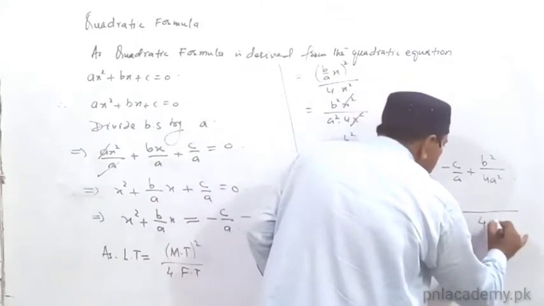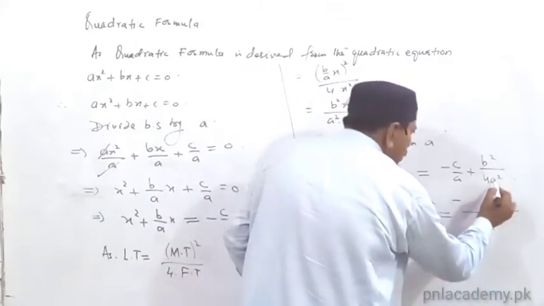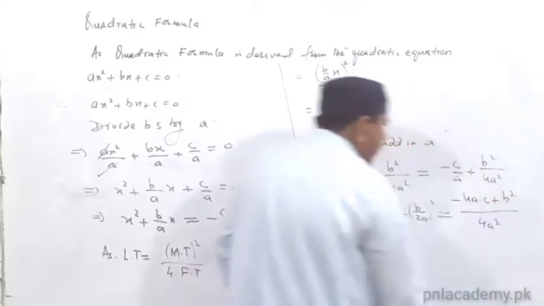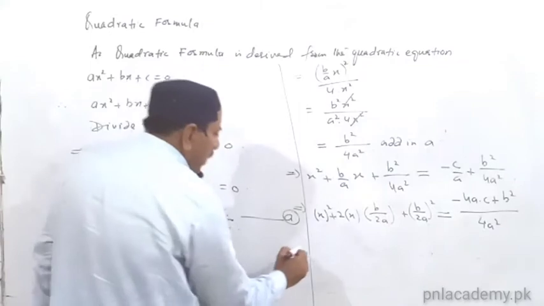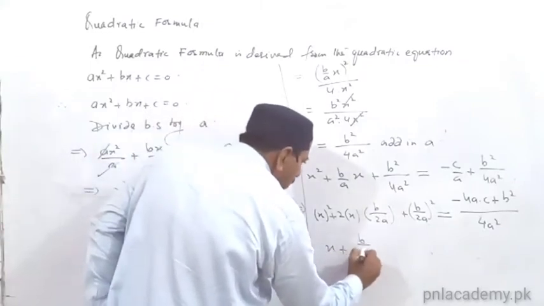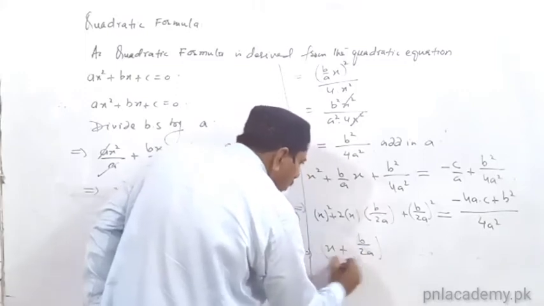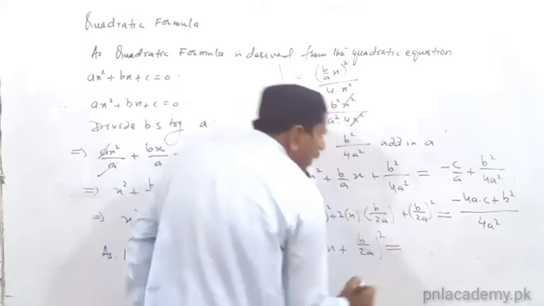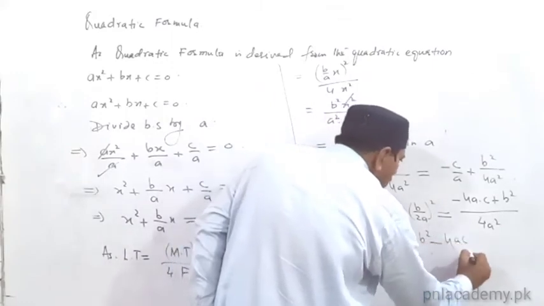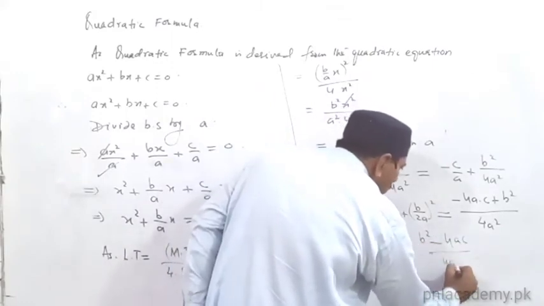4a square is the LCM. Minus 4a square minus 4a into c plus b square. So we can write this just like as x plus b upon 2a whole square is equal to b square minus 4ac upon 4a square.